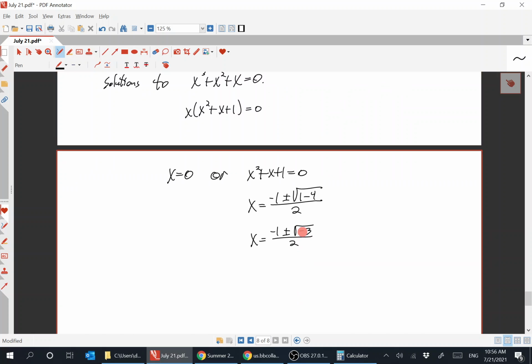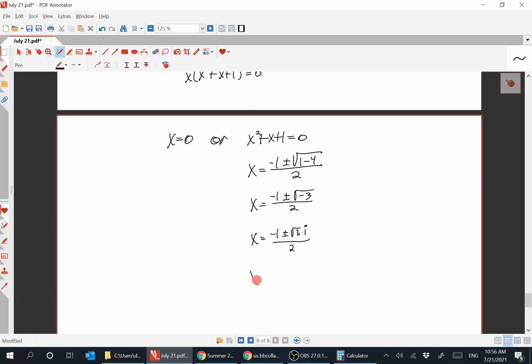And you don't just leave it like that. You call this the square root of 3 times I. So the square root is given a negative or a positive argument, and then the negative 1 is factored out as this I business.